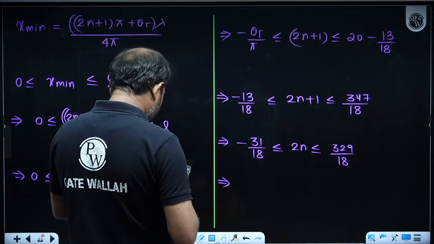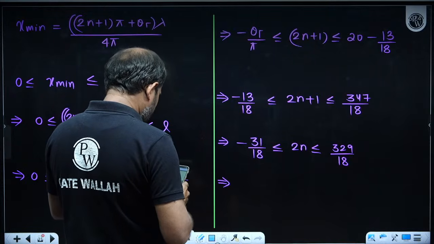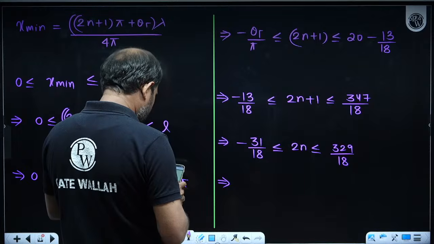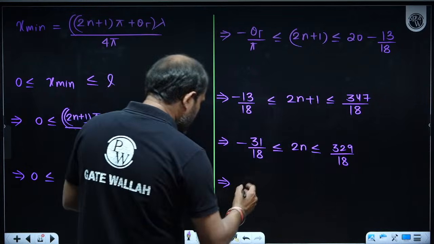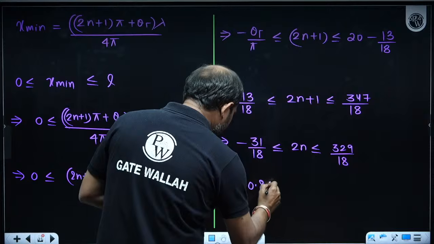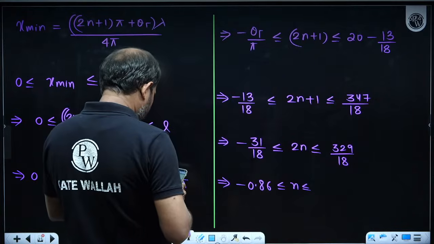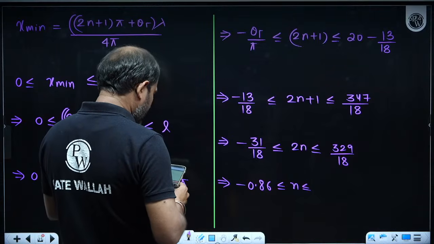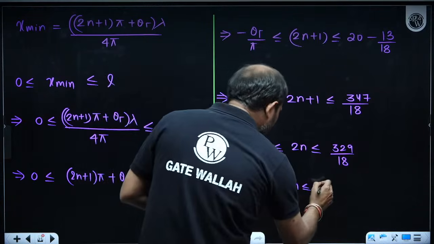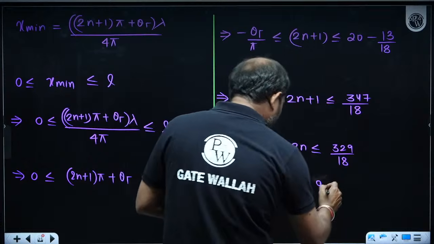Minus 31 by 18 divided by 2 is minus 0.86, and 329 divided by 18 divided by 2 is 9.138.